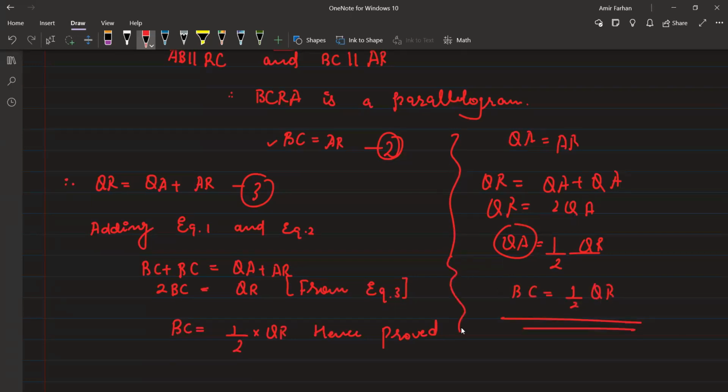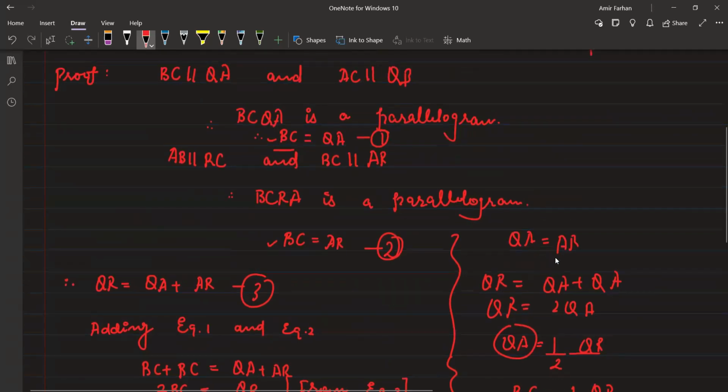Sir, why did we take QA plus QA? Dear, QA plus QA, because instead of AR, look, BC and BC on the left hand side are equal. So can I equate equation one and equation two? Because the left hand sides are equal, it means the right hand sides will also be equal. From that, I can conclude QA is equal to AR.